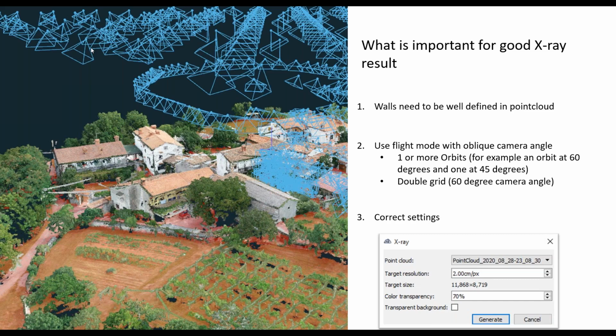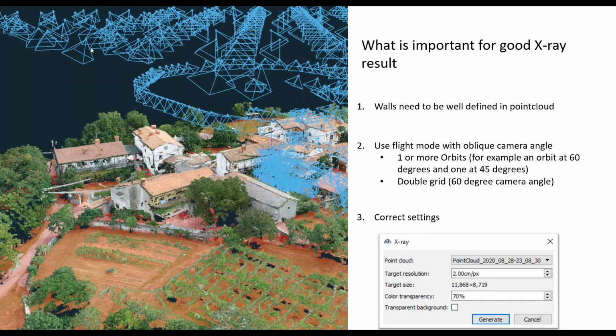And then the final step for good X-ray results will be correct settings for X-ray. This one will actually be very simple. All we have to do is select the correct resolution and correct color transparency.